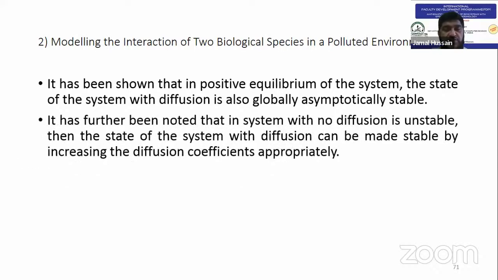It has further been noted that the system with no diffusion is unstable. Okay, in this case, without diffusion, it will become unstable. Then the state of the system with diffusion can be made stable. An unstable system can be made stable. How? By adjusting the diffusion coefficients appropriately. So this is an interesting result here.